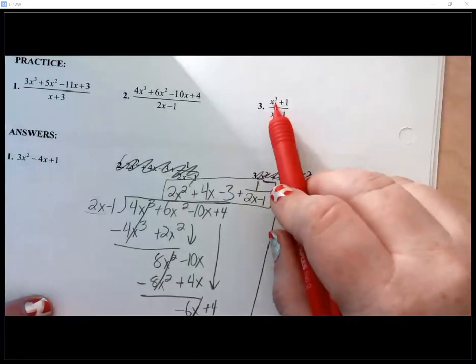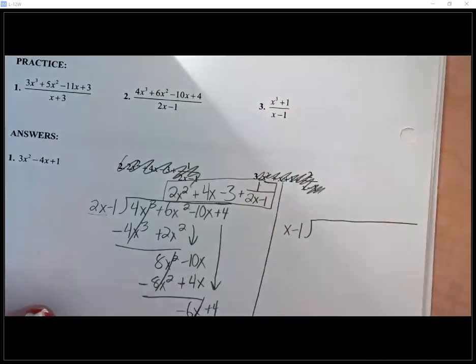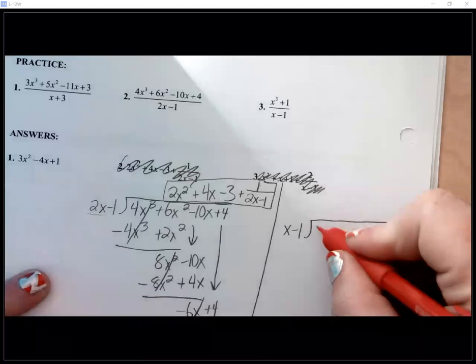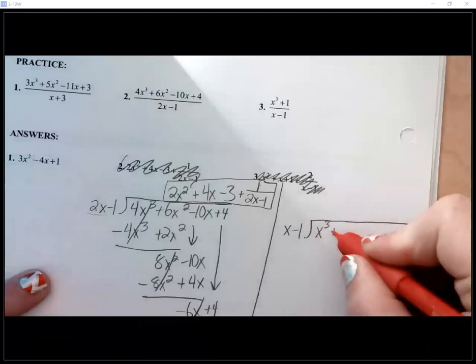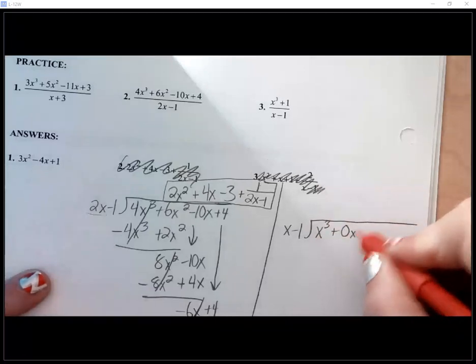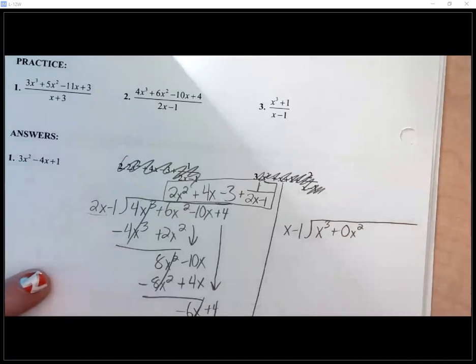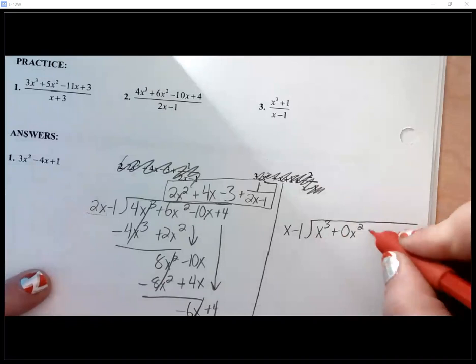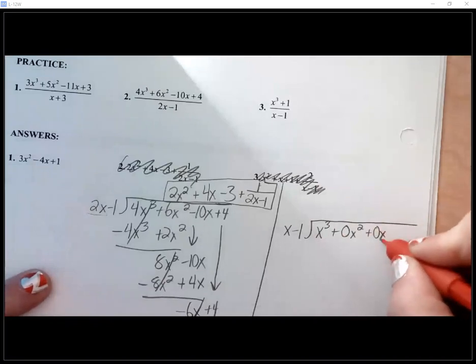I need to have every degree represented after that. I don't have an x squared, so I put in 0x squared. That's called a placeholder. I don't have an x term either, so I'm going to put in a 0x as well. And then I'll have that plus 1.